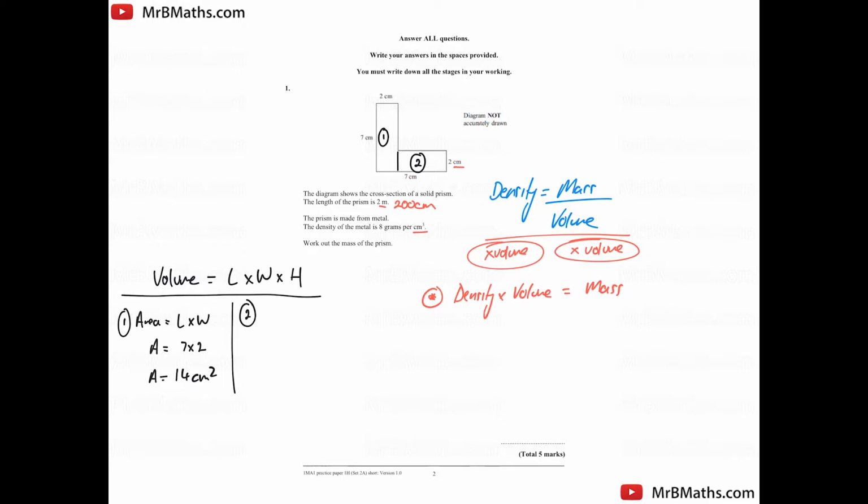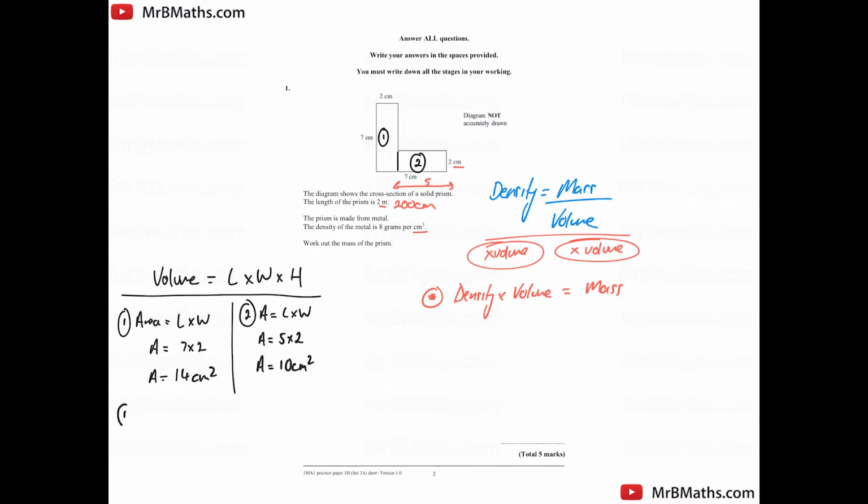For shape 2, well, if this here is 7 and we've got this 2 up here, that must mean that this section here is 5. Therefore we have area equals length times width, so area equals 5 times 2, so area equals 10 centimeters squared.